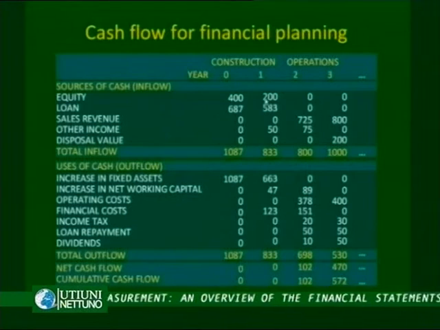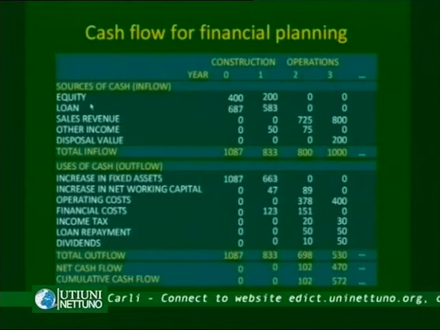So in the first 2 years, that are year 0 and year 1, we have the need to fund the investment for this project. How is this investment funded? Well, this investment is funded by shareholders and by creditors.